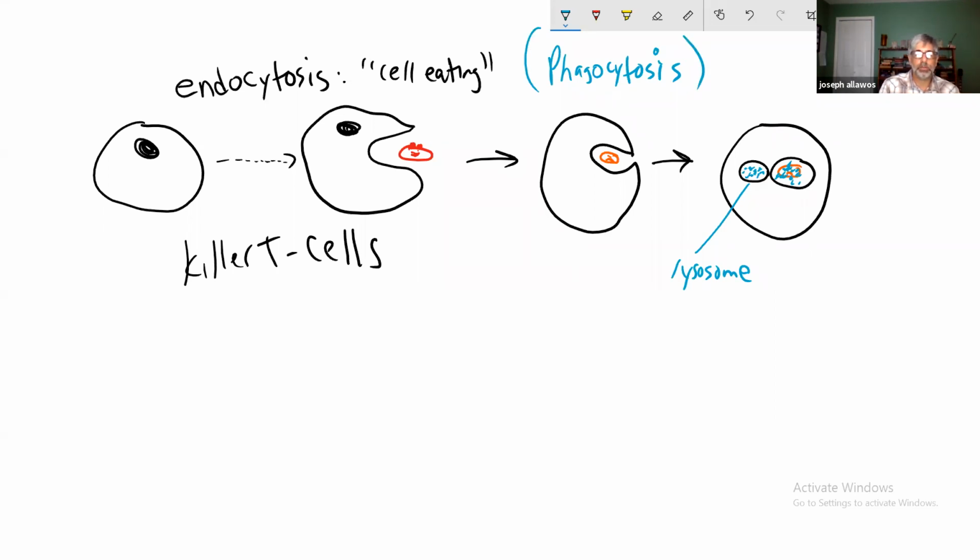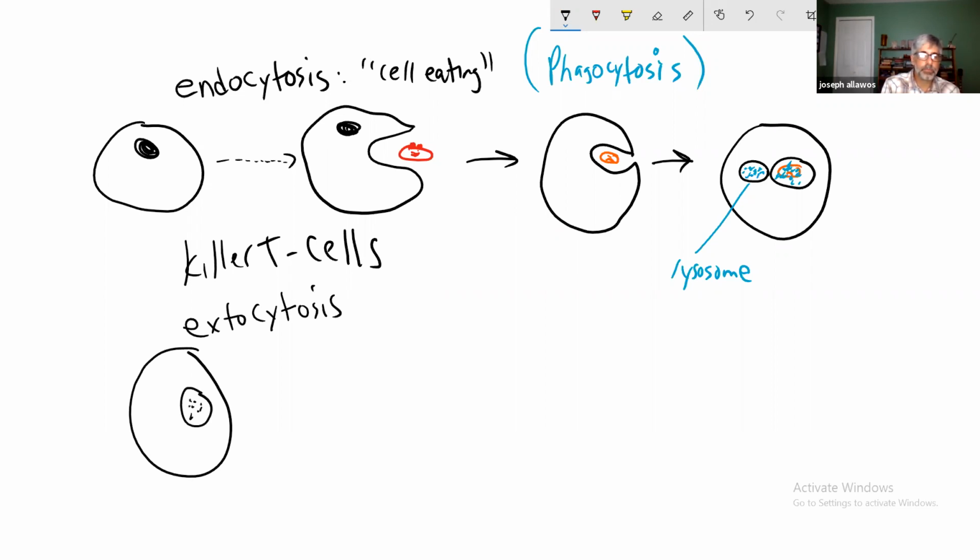What about exocytosis? Well, just the opposite would be exocytosis. If endocytosis is cell eating, then exocytosis is cell vomiting. You might have a cell that's got a bunch of waste products in a vesicle, and it wants to get rid of that. Or even better example, secretory substances.